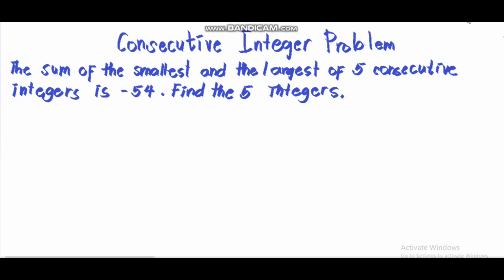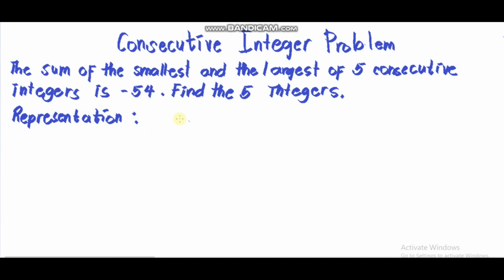Let's have our second problem. So the sum of the smallest and the largest of 5 consecutive integers is negative 54. Find the 5 integers. So first, let's have the representation. For the representation, it's consecutive integers.